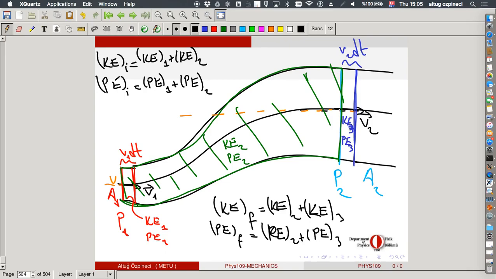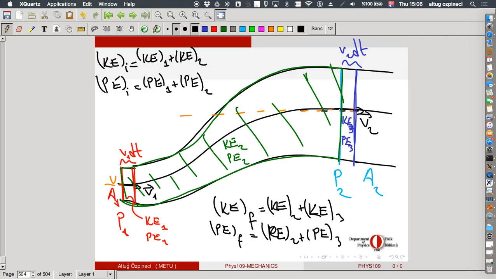Now, if I calculate the change in the mechanical energy, which is the sum of the kinetic energy and the potential energy, if I look at the change in the kinetic energy, the final kinetic energy minus the initial kinetic energy, the kinetic energy in the second region just cancels. I have kinetic energy 2 over here, kinetic energy 2 over here.